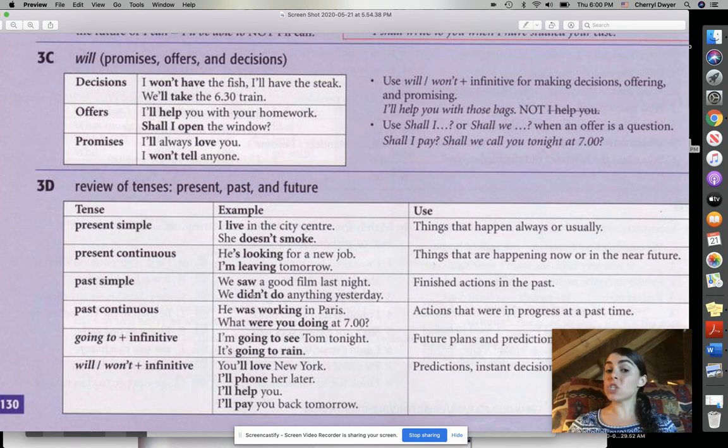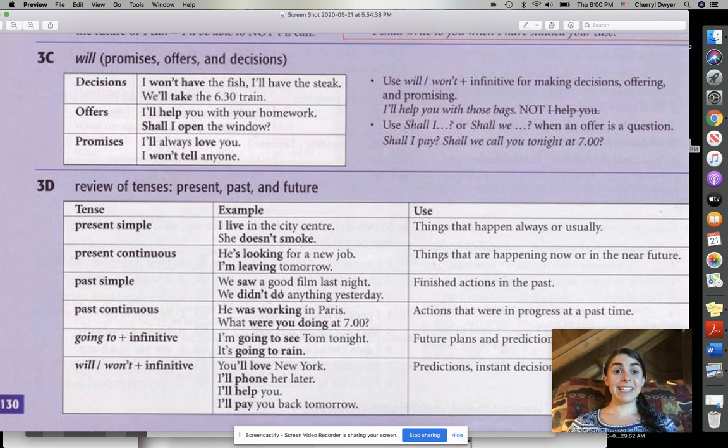Or we didn't do anything yesterday, right? So for the positive, right, sometimes we had regular or irregular verbs. Okay, that's the one where we had to do irregular and regular verbs. When it's negative, we don't need to change the verb, right? We just use didn't and then the verb.